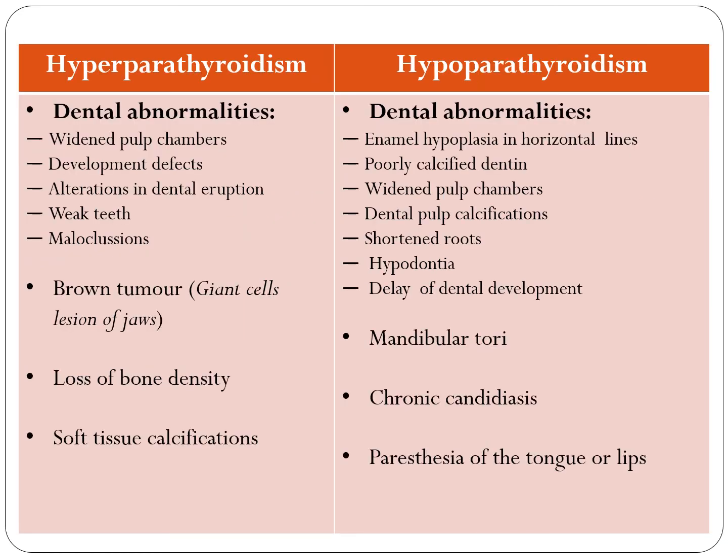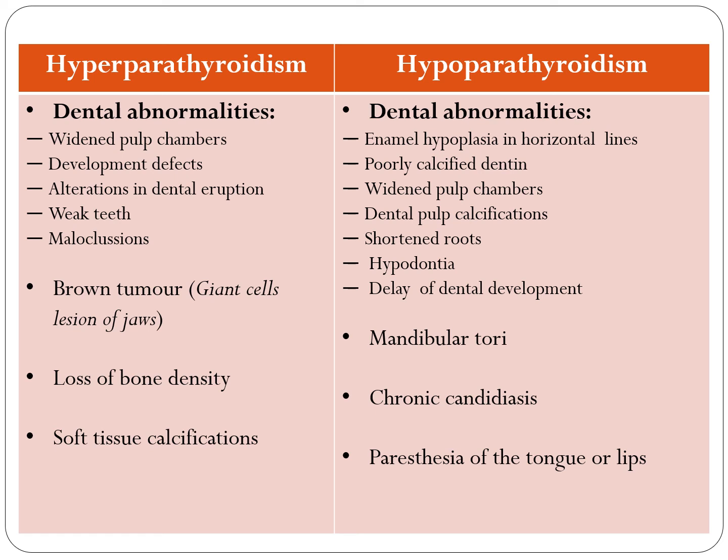So what are the clinical aspects we can notice in hyper and hypoparathyroidism? In the dental aspect, in hyperparathyroidism, there are widened pulp chambers and developmental defects, alteration in dental eruption, weak teeth, malocclusions, and there is one called the brown tumor, giant cell lesions of the jaw, loss of bone density, and soft tissue calcifications.